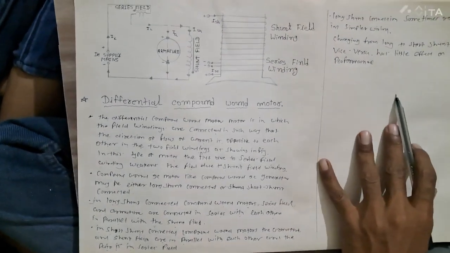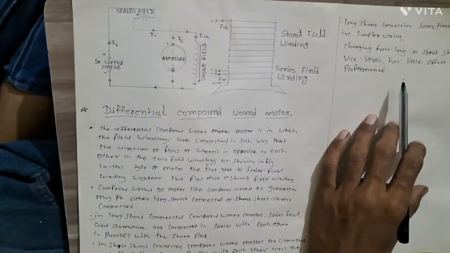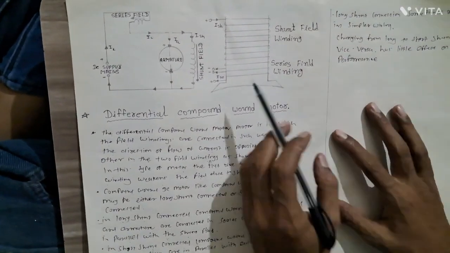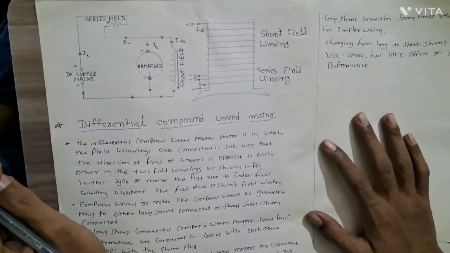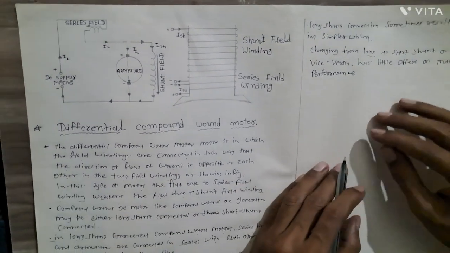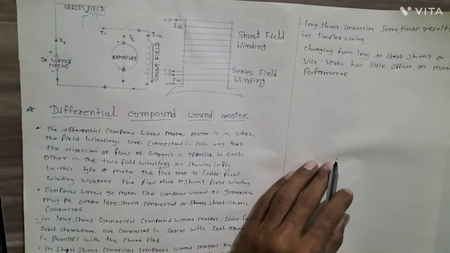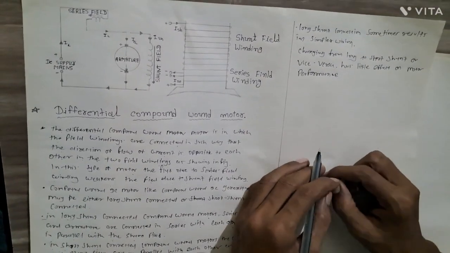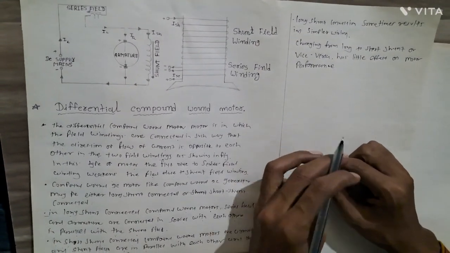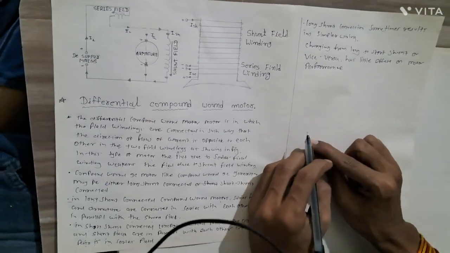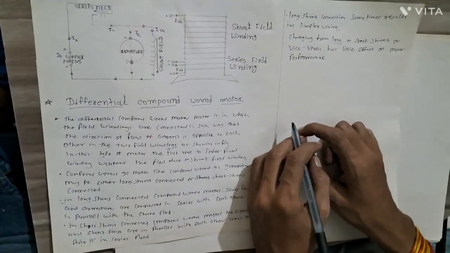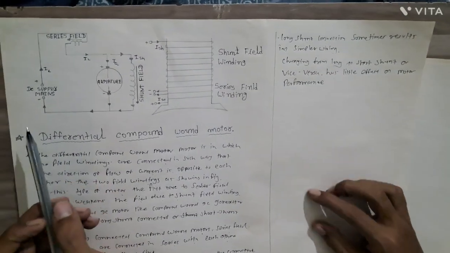Okay, so here we are completing the complete video on the types of DC motor. Five motors are included. The first is the PMMC motor, that is the permanent magnet DC motor, then the separately excited DC motor, the series wound motor, and the series shunt wound motor.